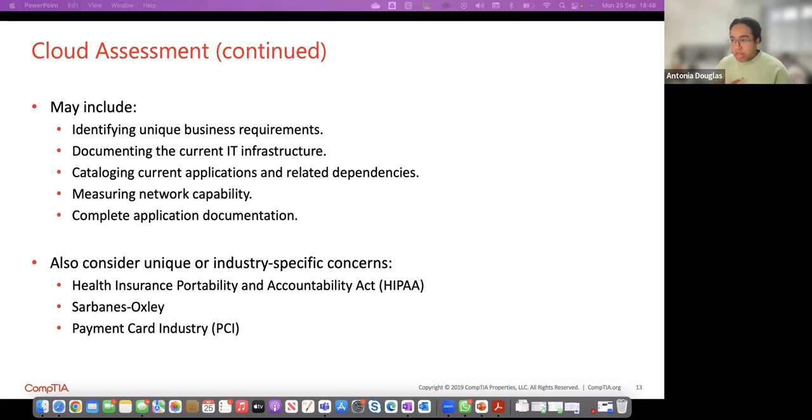I'm not sure if you're familiar with this, but these are regulatory compliances, and they effectively dictate how you manage and protect your data, and ultimately how data is stored, etc.